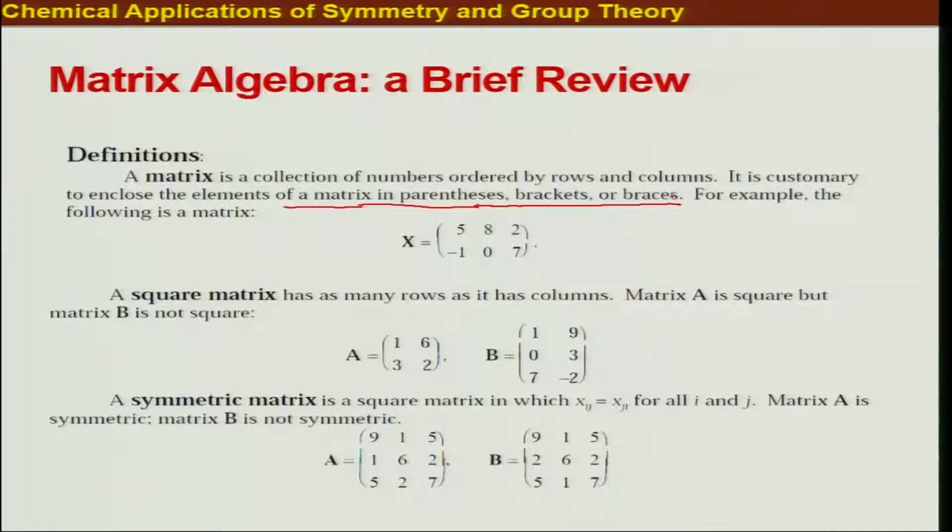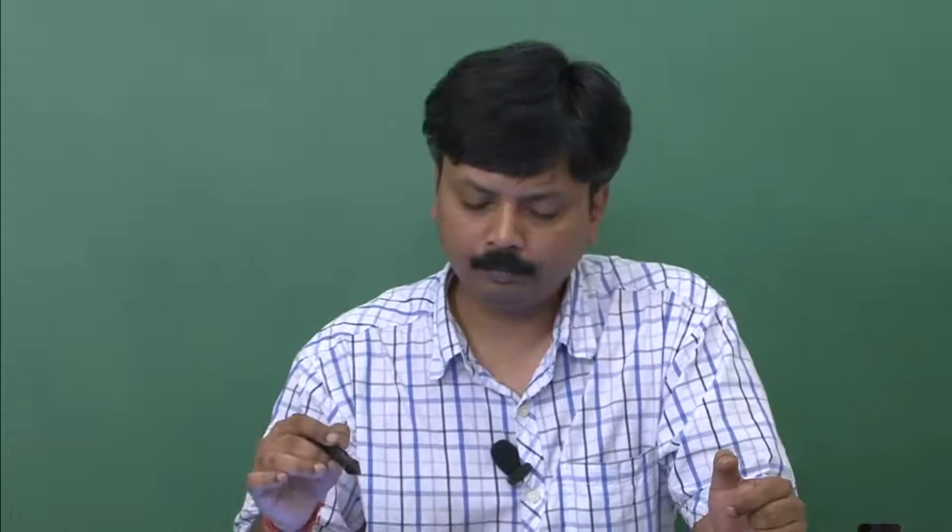All these elements will be in parentheses, brackets or braces. An example is shown here, where this X is written in bold. Normally, when you use a symbol for any matrix, you use either bold, bold italics, or a particular type of script.